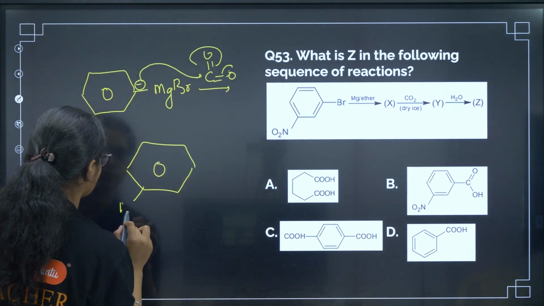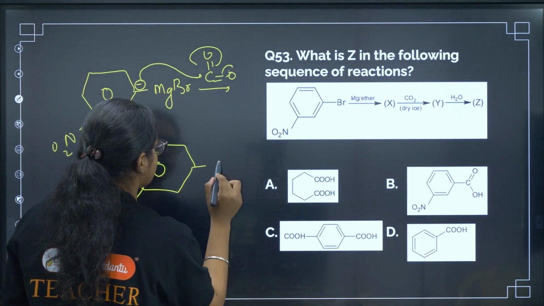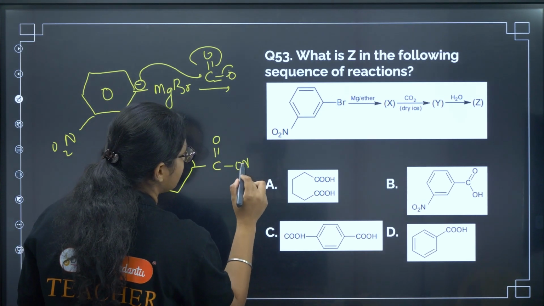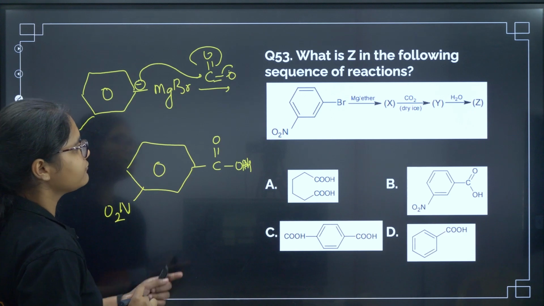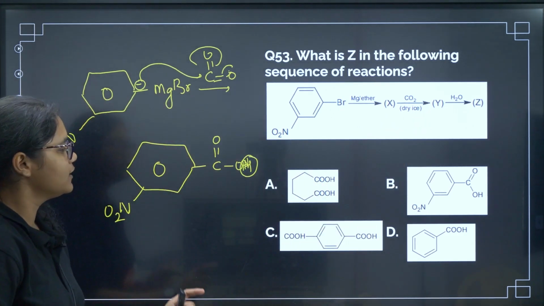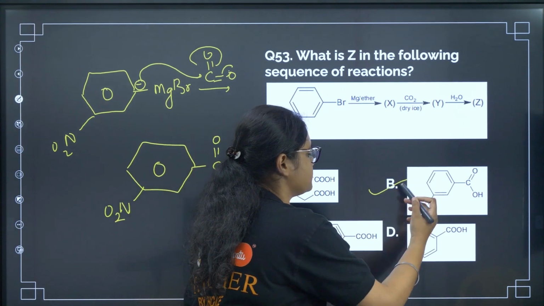So we have the NO2 group and the COOH group. After this, the hydrolysis part is the addition of water. So the correct answer for this question will be option B.